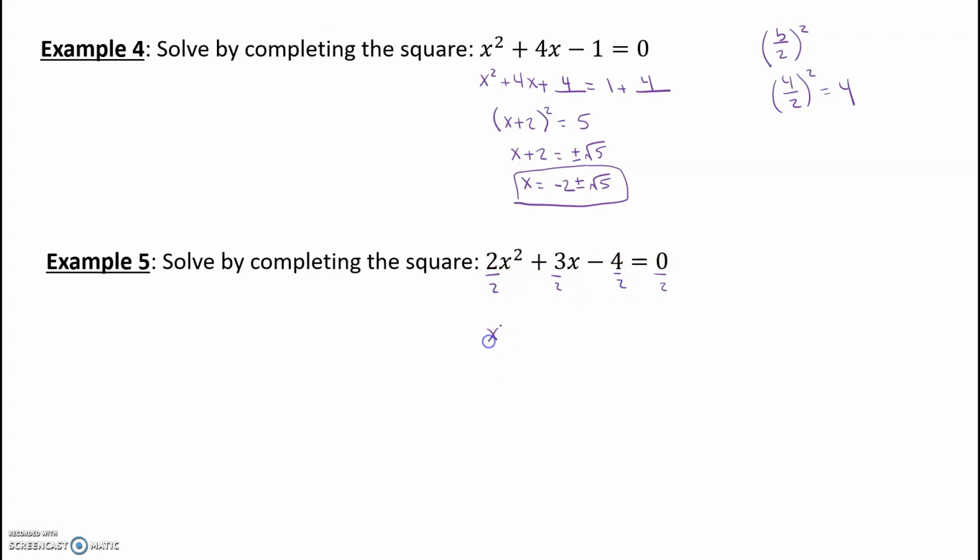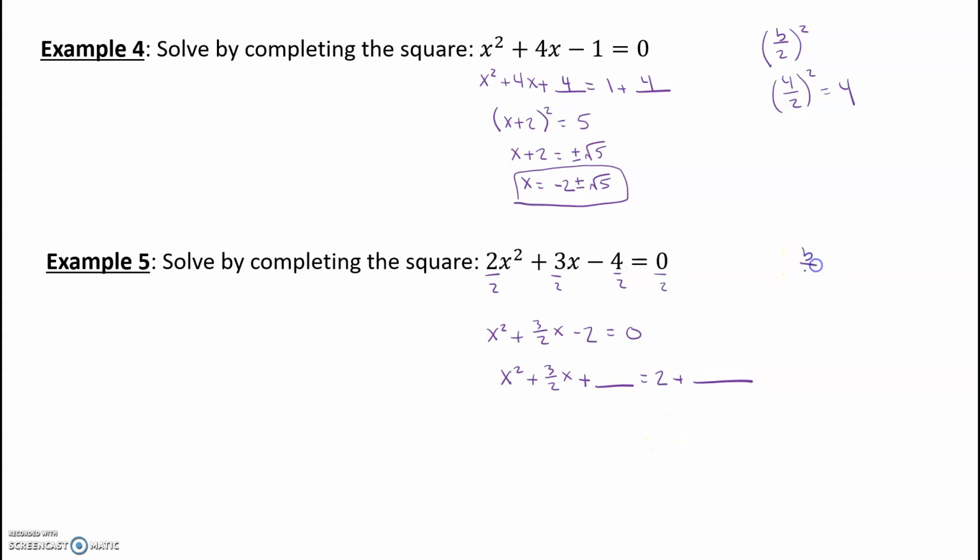So I'm going to have x squared plus 3/2 x minus 2 equals 0. And again, not looking too pretty. So I'm going to add that 2 to both sides. I'll leave a little space here. So remember, for completing the square, we want to add something to both sides to make it a nice, pretty, perfect square. What do we add?